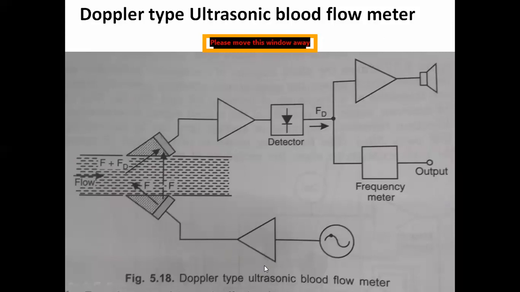So in today's class, we will conclude that blood flow measurement or blood flow velocity is one of the important parameters for human beings, where there is surgery like that, and we can also use it in clinical applications.